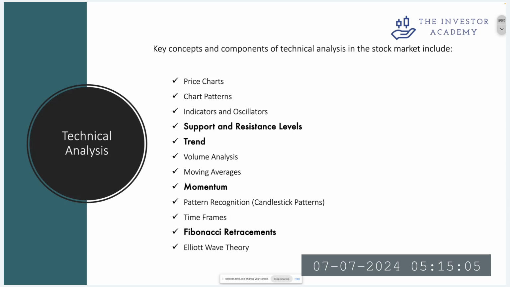Some mathematical calculation done over the price movements, which helps us identify a few key price levels. Support and resistance are basically some dynamic zones in the market where you will find supply and demand. Then what is the trend of the movement? Are the prices going up? Are the prices going down? Or they are not moving in either direction? They are range bound.